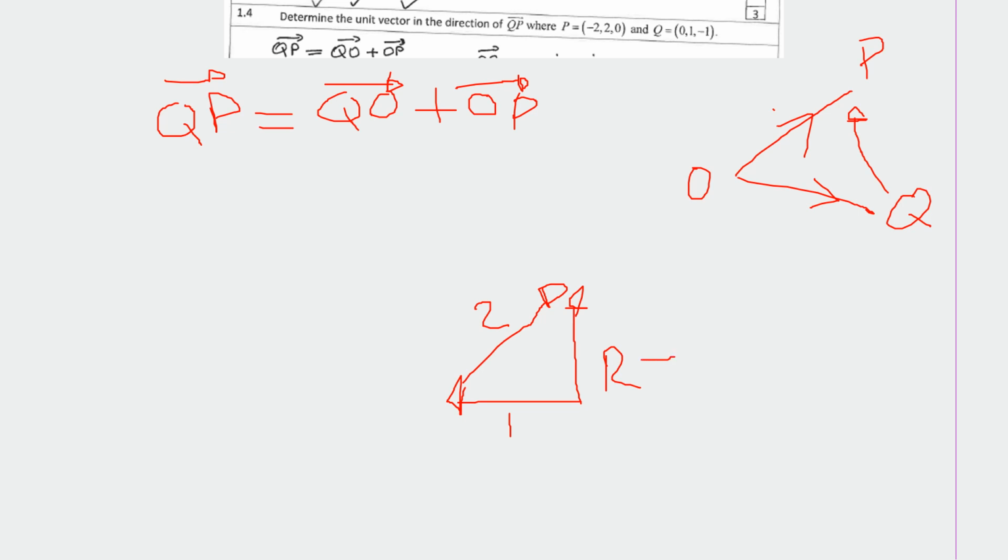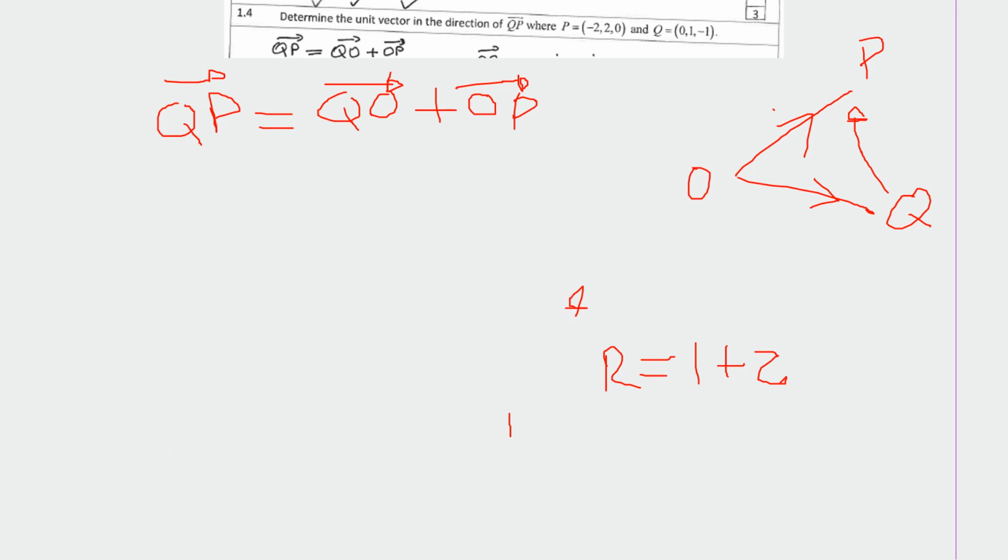That means the resultant will be vector 1 plus vector 2. I hope it makes sense. So this thing here is the very same thing here. Even if the direction is moving this way, we are just demonstrating that the resultant QP will actually be the sum of QO plus OP, which is what we have represented here in the equation.